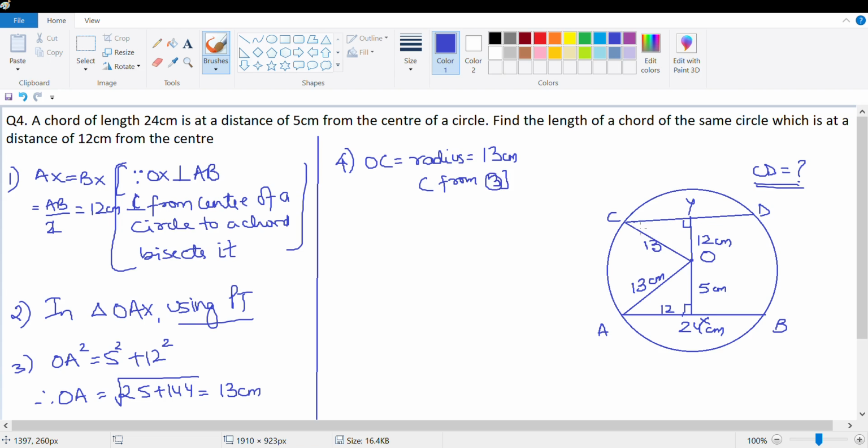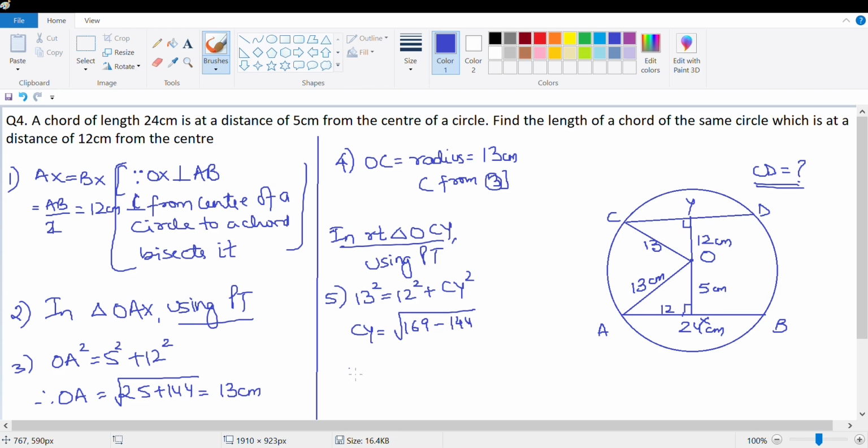Now again apply Pythagoras theorem and calculate CY, which means in right triangle OCY, using Pythagoras theorem, what I get is 13 square is equal to 12 square plus CY square, which means CY would be equal to 13 square, that's 169, minus 12 square, that's 144. Therefore CY is equal to 5 centimeter.